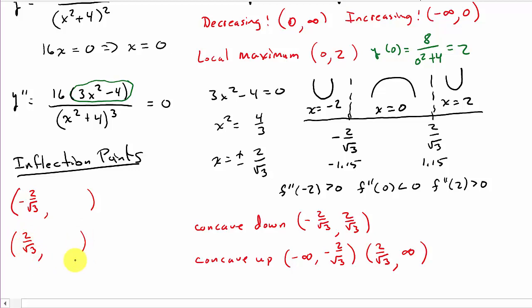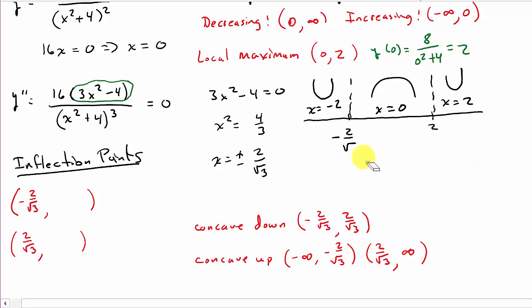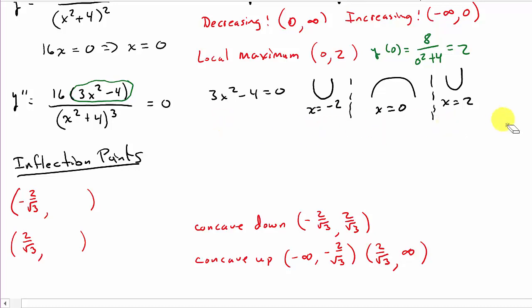All right, so remember, to find the y-coordinate, we take these values here, where it changes concavity, and we have to plug it back into the original function, back into y.